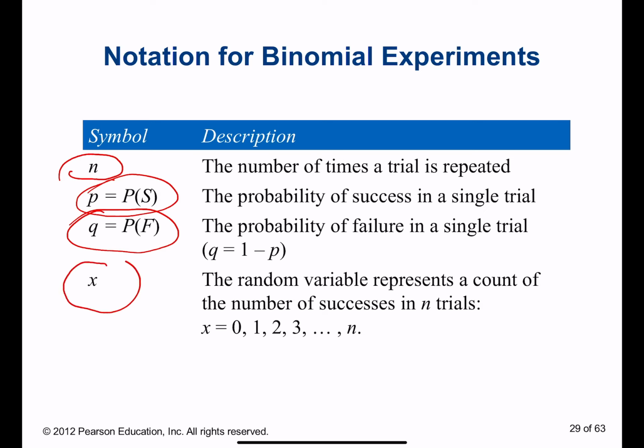X is a variable that represents the number of successes. And X can be from 0, none of them happened, all the way to a maximum of N, where all of them happened. Obviously, the number of successful trials cannot be more than the total. So it can be from 0 to N trials.